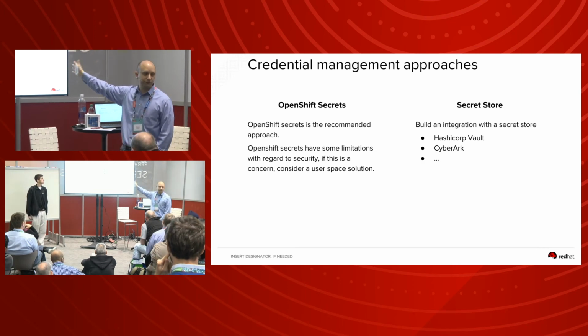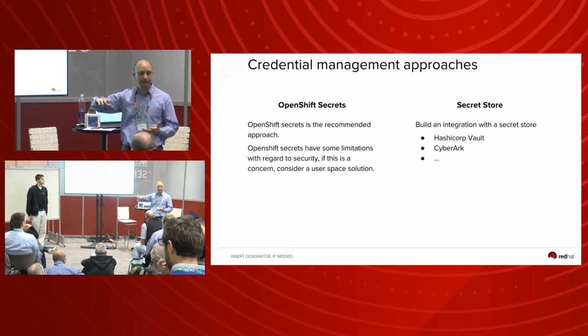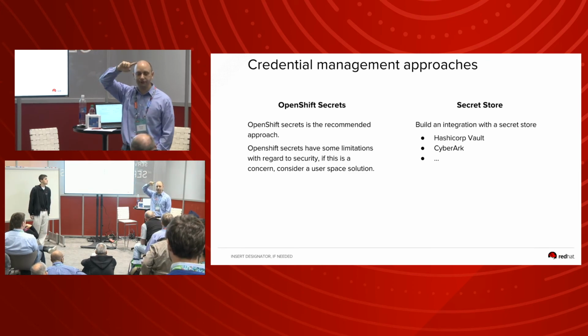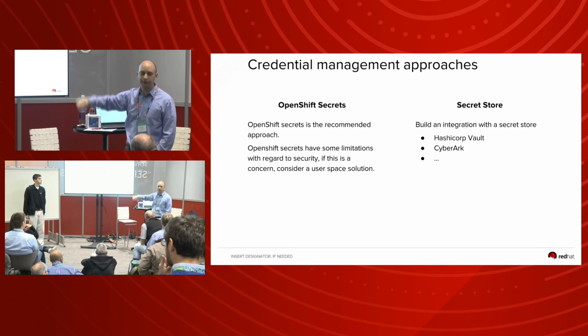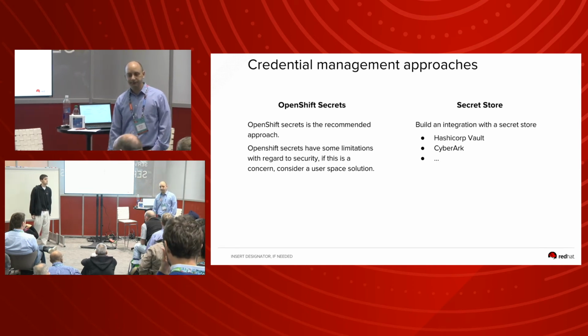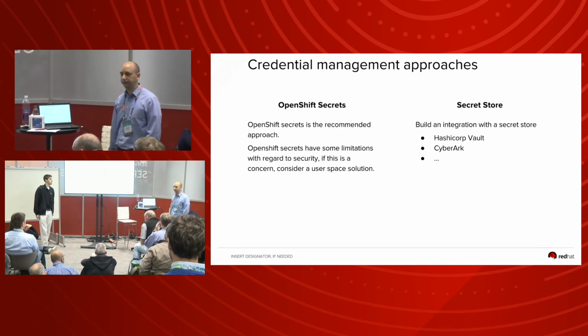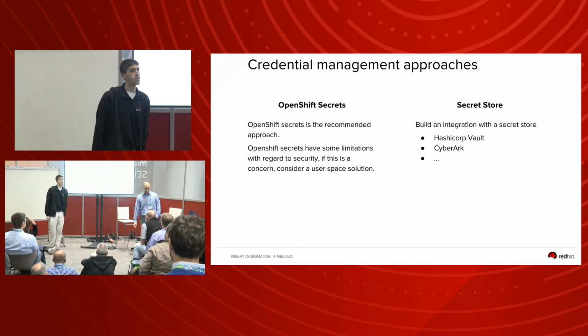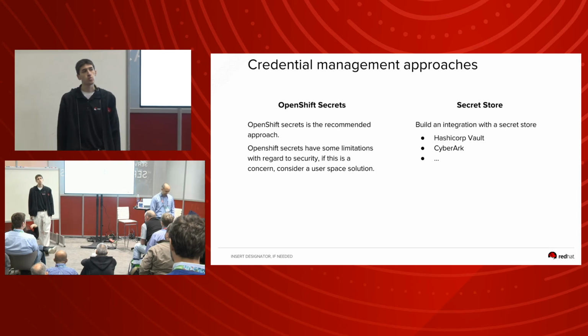This is a type of software that is becoming common, and there are many instances of this secret store. I just mentioned a couple of them here: CyberArk, which I think is here, and HashiCorp Vault. There's a lot of talk in the Kubernetes and OpenShift communities around secrets and integrating these third-party tools into the platform.